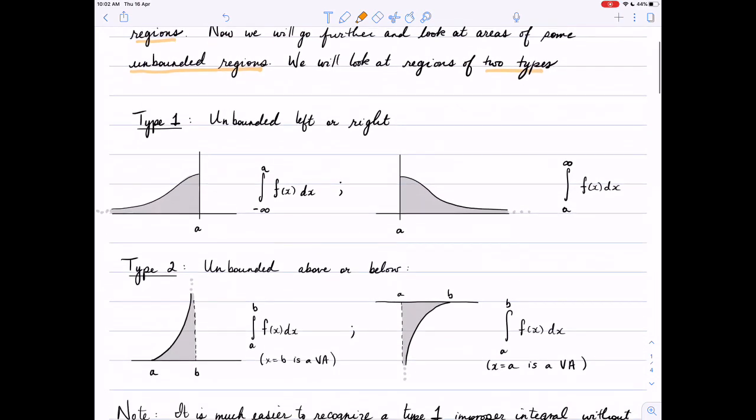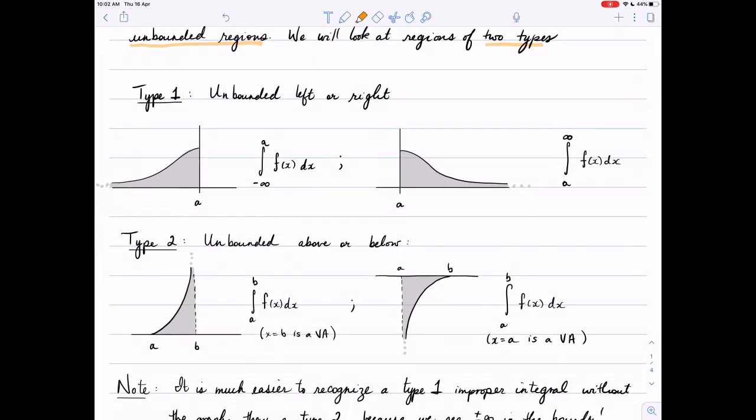The first is commonly called type 1, and that is when the region is unbounded on the left or on the right. So an example here, this region that we're looking at between our function graph and the x-axis up until this point A, but with no bound on the left.